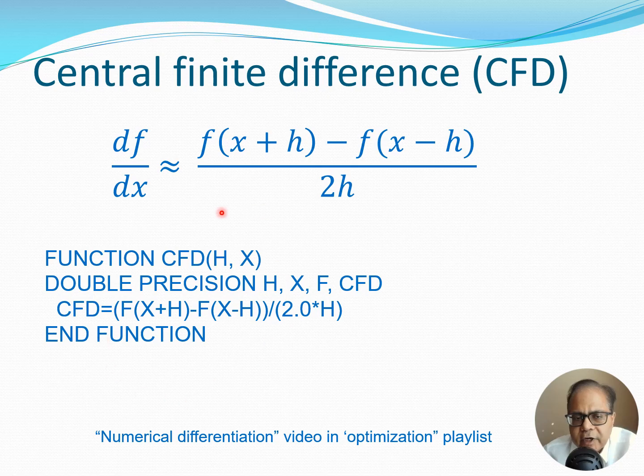And so you get this function here which I have written out. So this function CFD has h and x as input, and it gives the value of the central finite difference derivative. Now in this case, of course, you have this function requirement at these two points. So one is perturbed by plus h, one is perturbed by minus h, and you have to remember to divide by 2 times h. So that's something which is important.